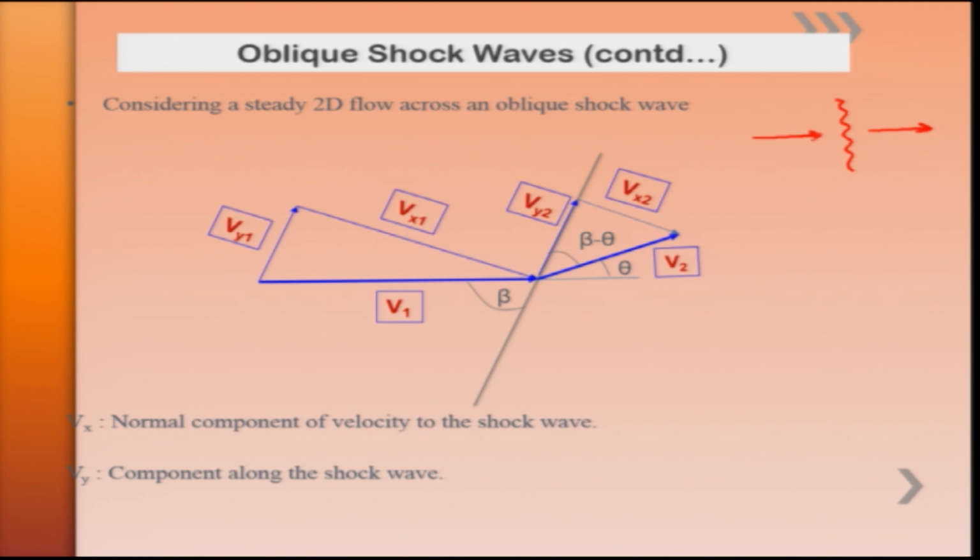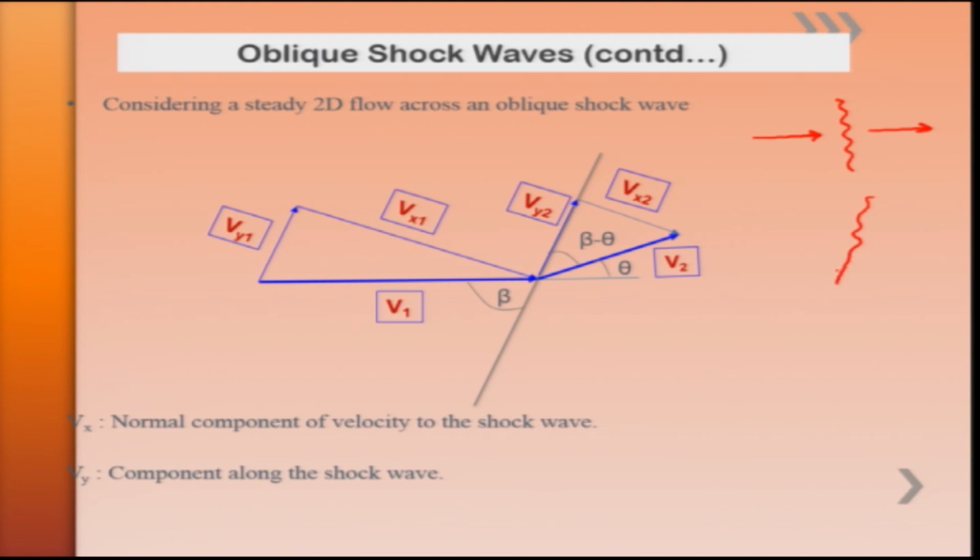However, we have also seen that all these normal shocks are generated inside internal flows, that is nozzles, diffusers or any duct. But in naturally occurring cases where internal flows are not present and external flows are present, these normal shocks do not occur, and the oblique shock forms.